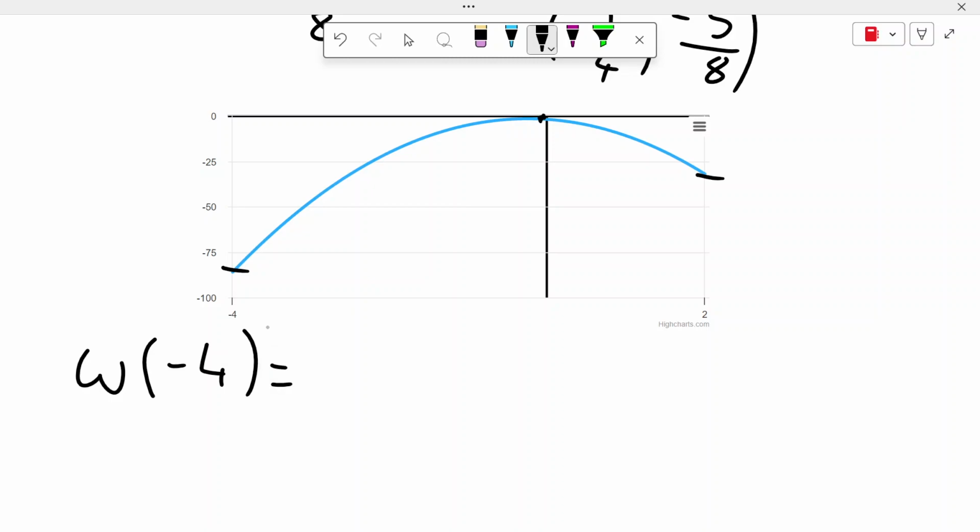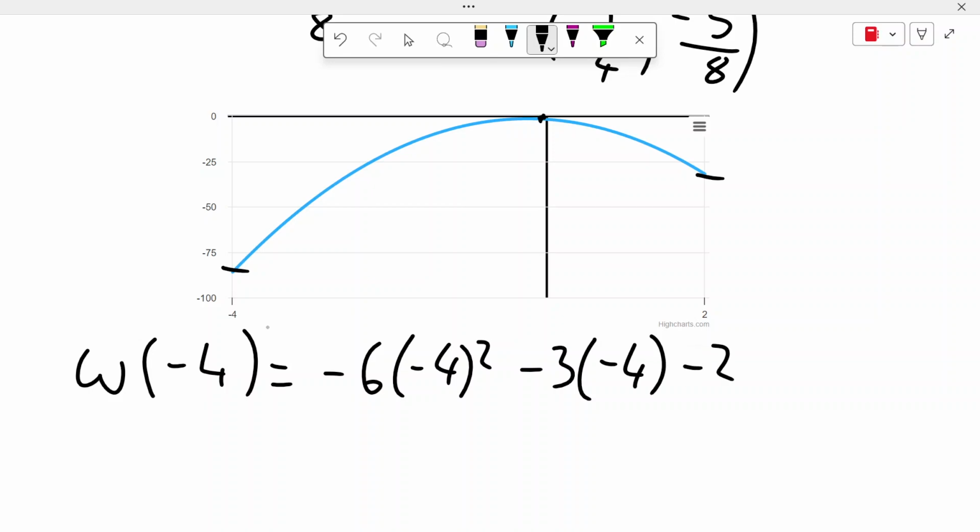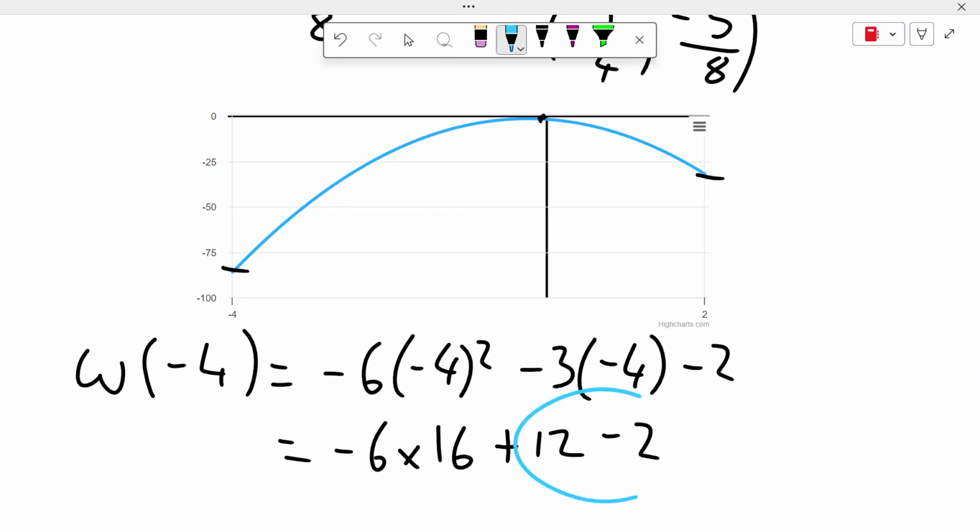And when that happens, we get minus 6, minus 4 squared, minus 3, all of this. And so minus 4 times minus 4 is 16. Minus 3 times minus 4 is 12. Minus 2. Let's just focus in on these guys because it's easier. Those ones would just say 12 minus 2 is 10.